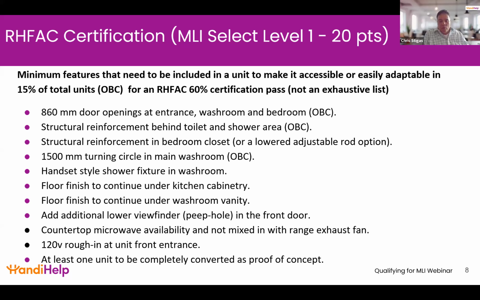Those units will need to have a 1500 millimeter turning circle. So in existing buildings, there's two things to look out for in the washrooms: the 1500 millimeter turning circle in barrier-free, and then the 1000 millimeters in the visitable units.